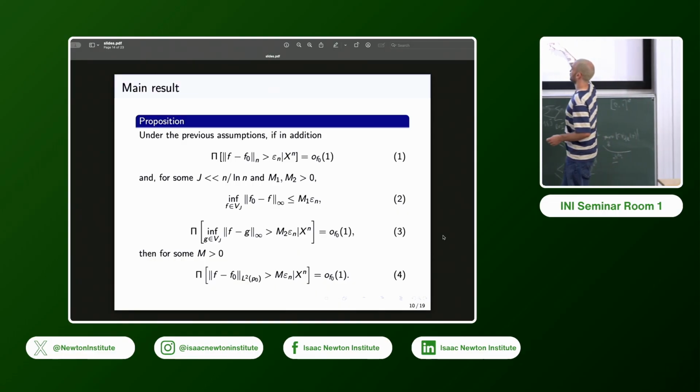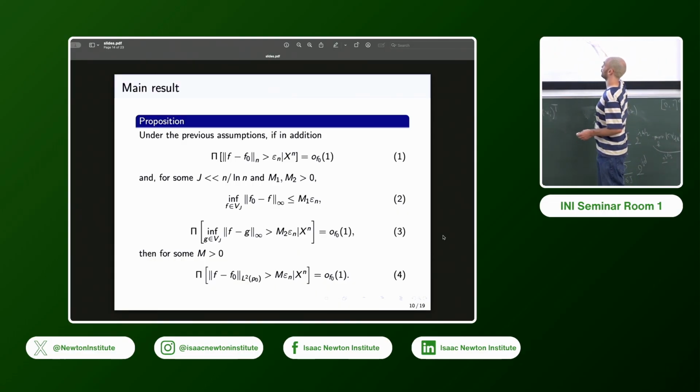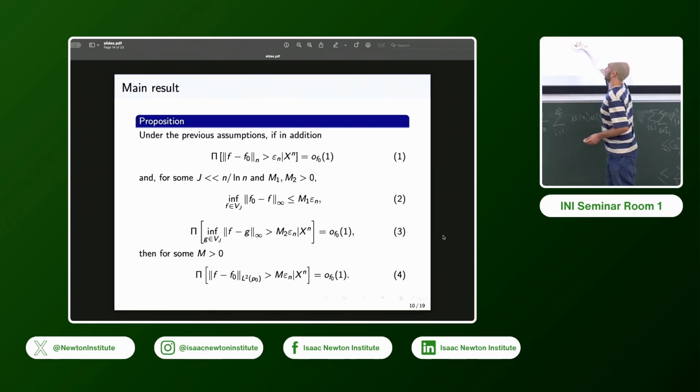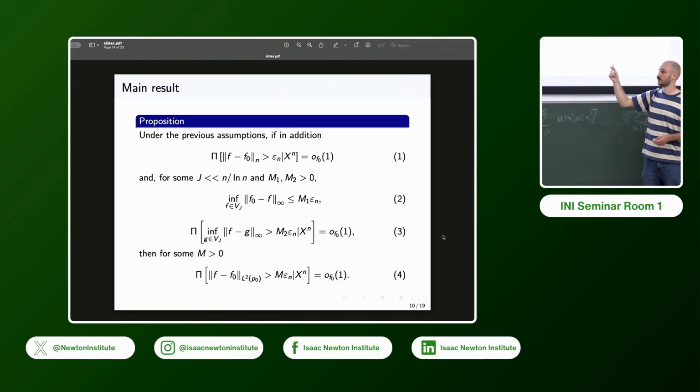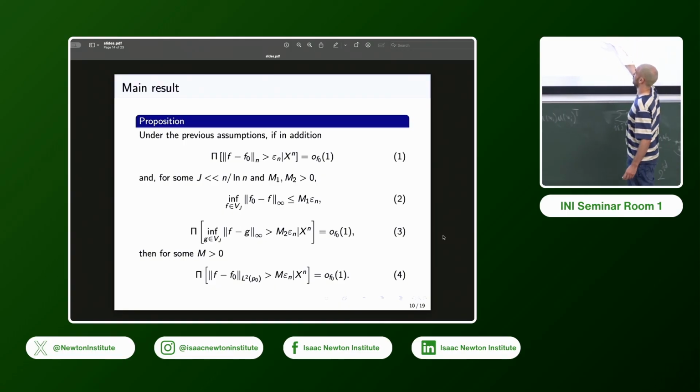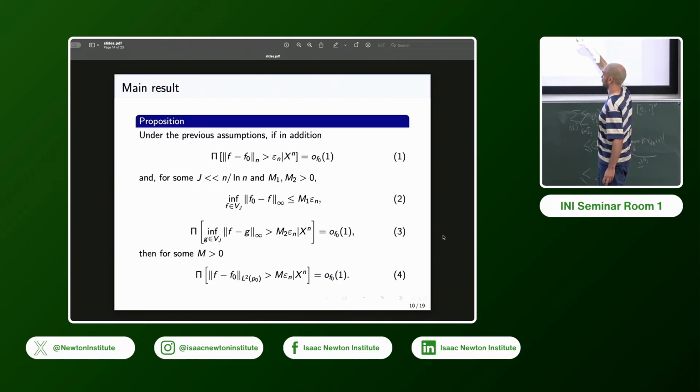And also, more importantly, that the same holds for the posterior distribution on F. What that means is that you're looking at the distance, as measured in the infinity norm, from your F to the span of the first J eigenfunctions. And you want to ensure that the posterior probability that this distance is larger than epsilon n, which is your rate in the empirical L2 norm, goes to 0.